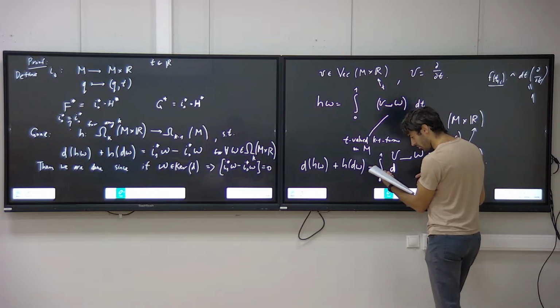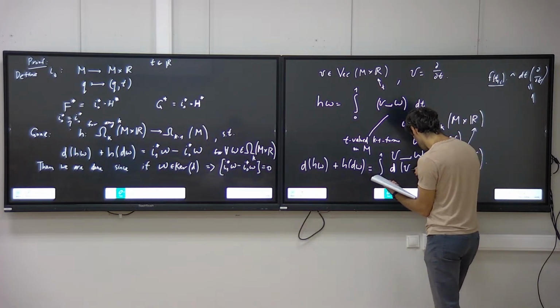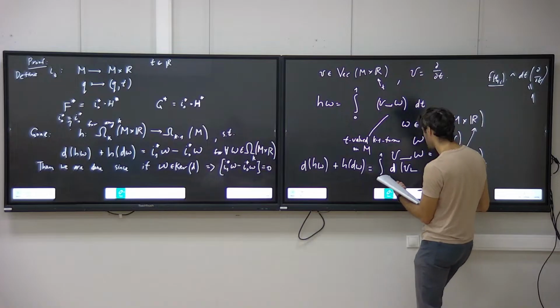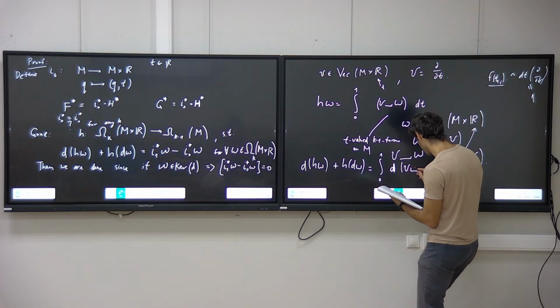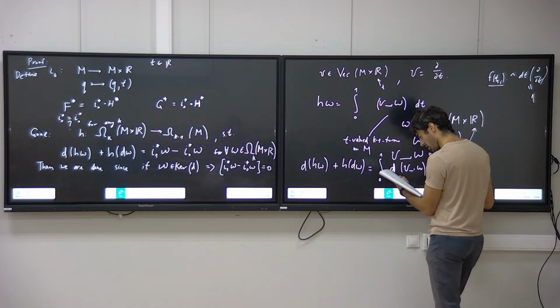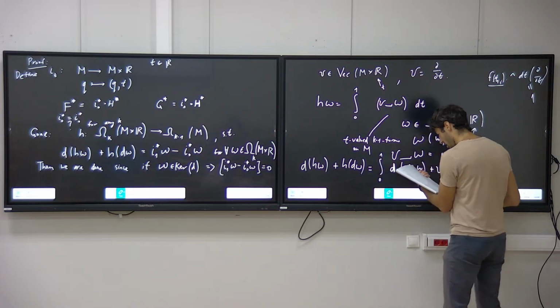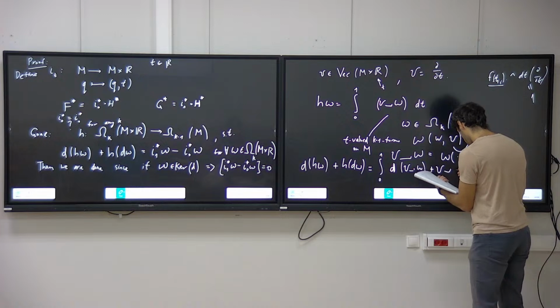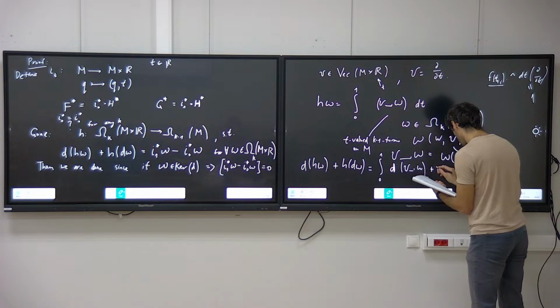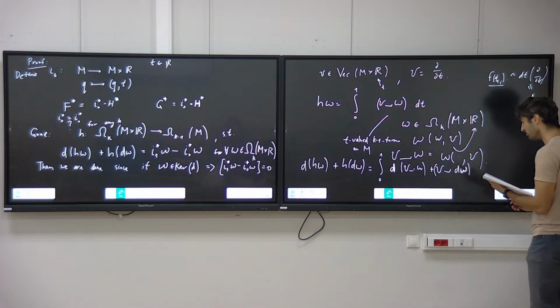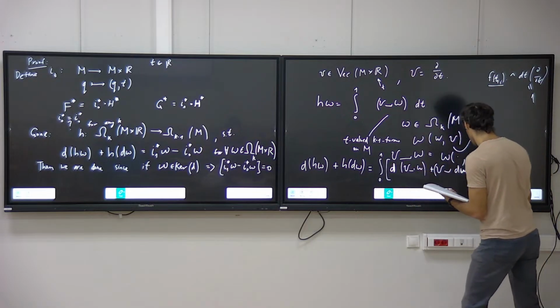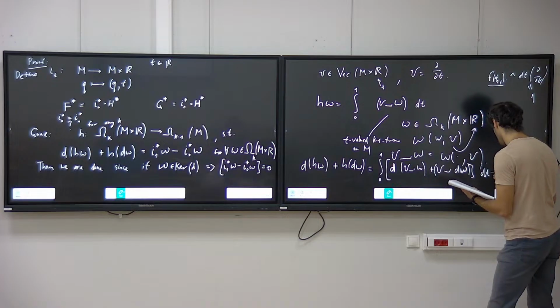So then I will have d, and then v, again another symbol, this one, omega, plus v, d omega. And then I take this and integrate with respect to t.